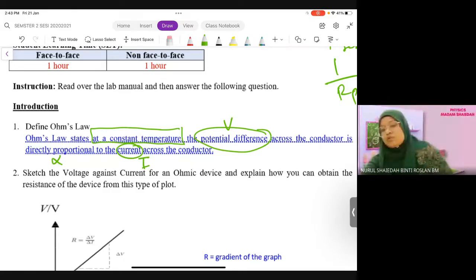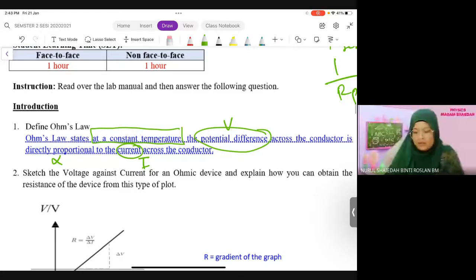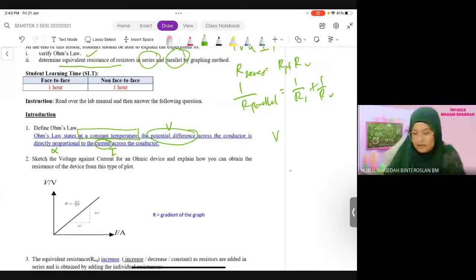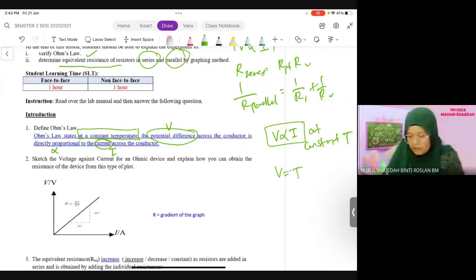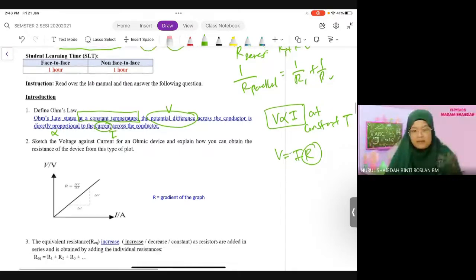So when we want to use the Ohm's law, you have to make sure your V nak guna V equals to IR mesti constant temperature. V nak directly proportional to I mesti at constant temperature. So disebabkan dia nak jadikan equation, so dia buat V equals to IR. So R ni adalah constant lah, meaning you only changing the V and I. So kalau you tengok dalam eksperimen tadi pun, we changing the V and I, the R adalah constant, kekalkan R.